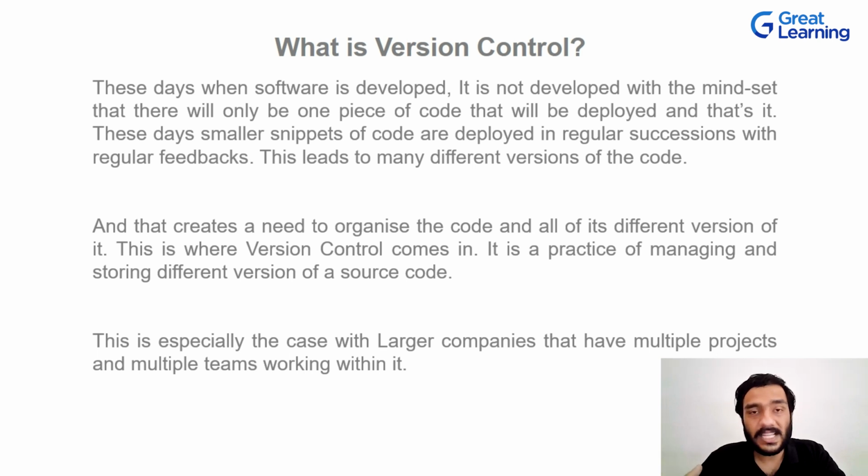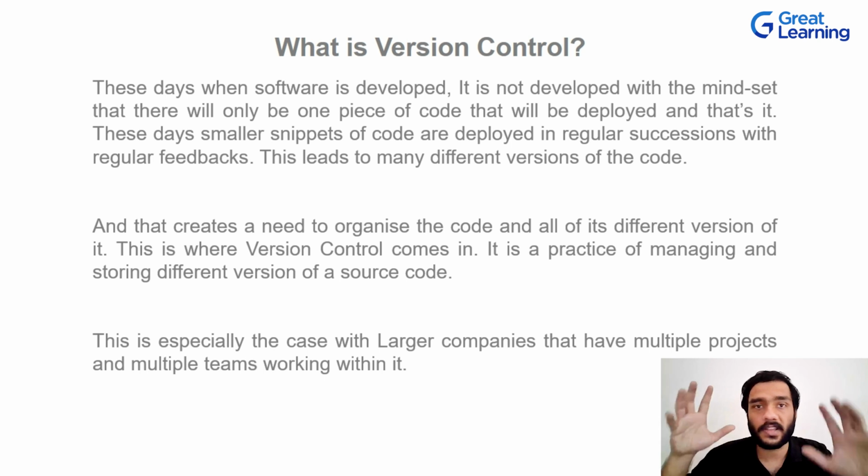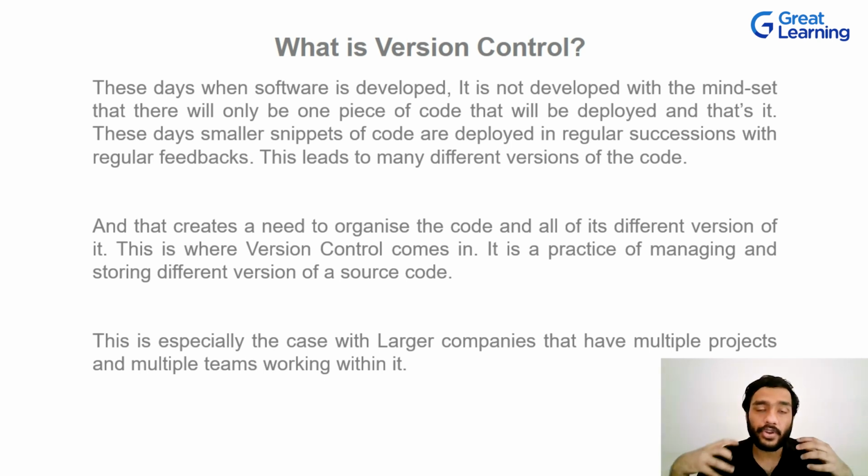You don't do that anymore because that's a monolithic idea. It's an antiquated idea because these days you always try to develop software in small chunks rather than one piece of code. And when you do this, and you keep on improving upon those smaller chunks also, you have so many different files to take care of and track.